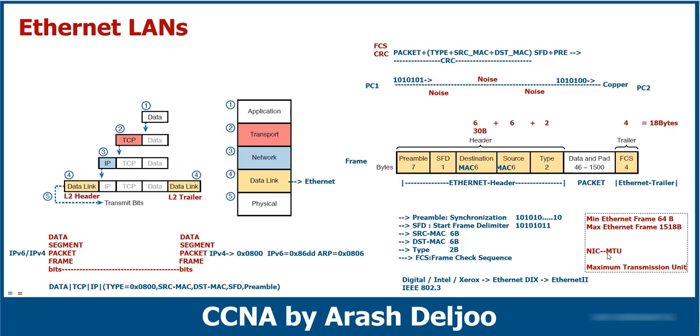We cannot send more than this size from this interface, and the MTU in most cases is 1500 bytes. Maybe you can increase this, but in most cases we experience 1500 bytes. This is the limitation of this interface. Because of that, this is the size of the packet. Don't forget, maximum transmission unit is the maximum size of the packet, not the maximum size of the frame.